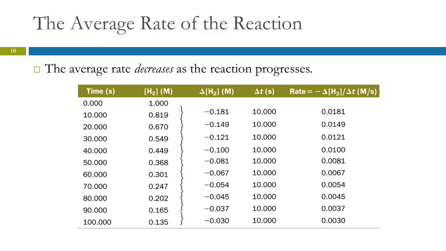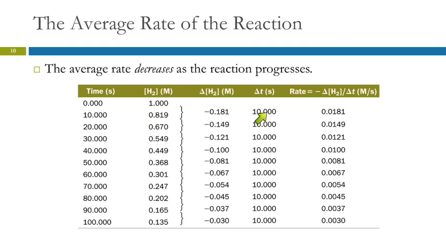So as time is going on, here's our hydrogen concentration, and that's going down. So that's what we expect. If we calculate the rate, the negative change in hydrogen divided by the change in time, here this negative 0.181 is the difference between these two numbers, divided by the change in time, and there's the rate.